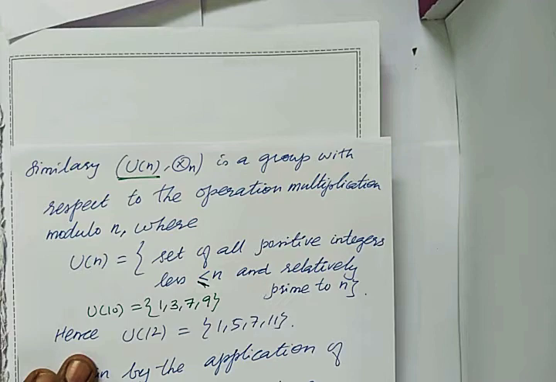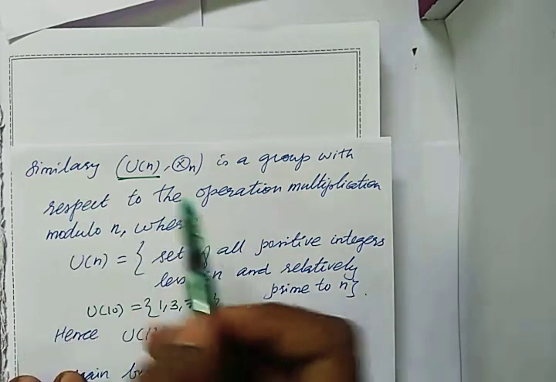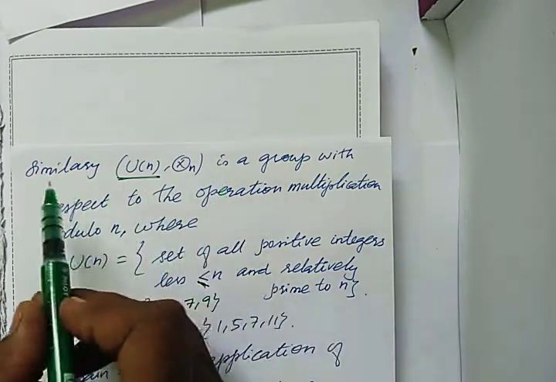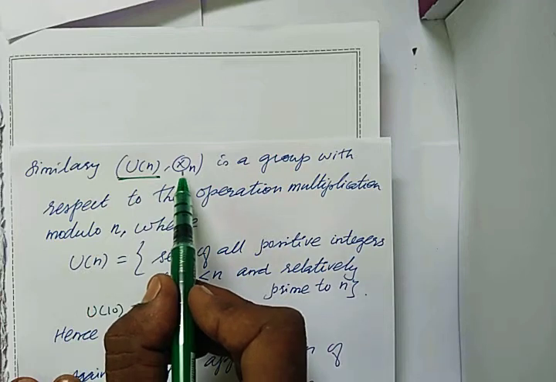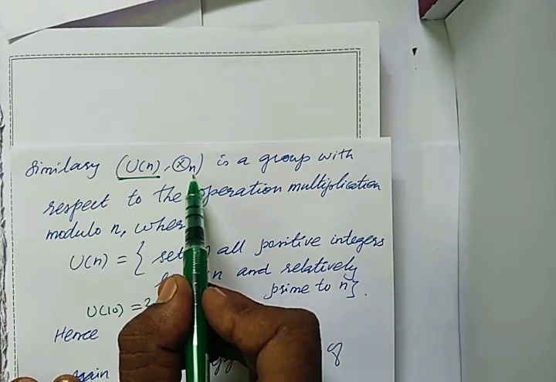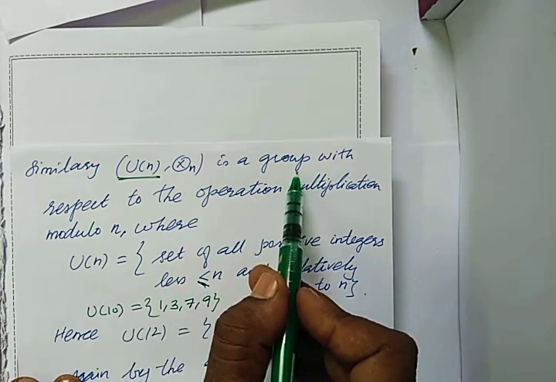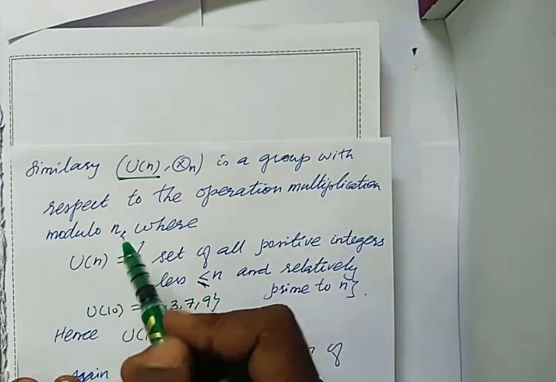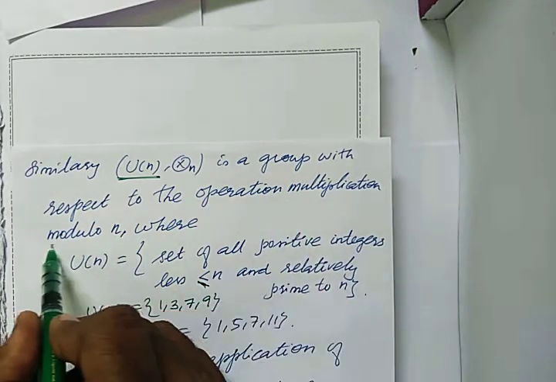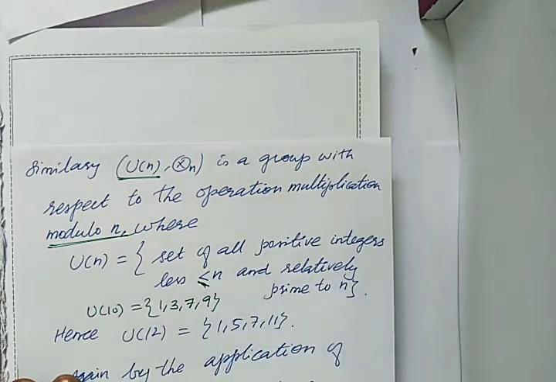This is U of 10. In the first unit you have studied that U of n with respect to the operation multiplication modulo n is a group.